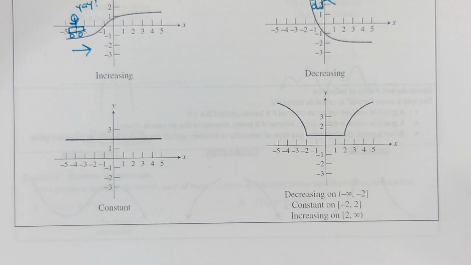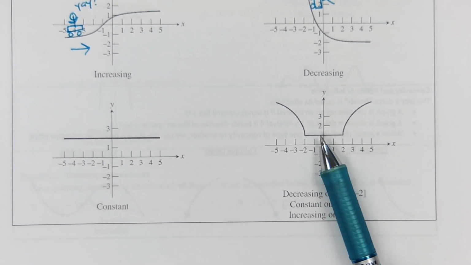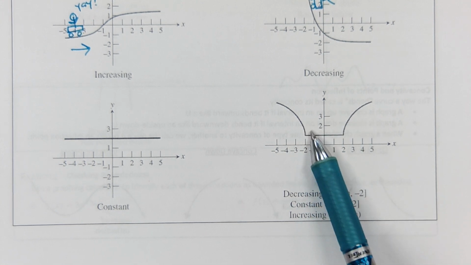In all actuality, increasing means at this point, my graph has a positive slope. Decreasing means at this point, my graph has a negative slope. Constant means at this point, my graph is flat. Okay? And then here, we hope this is never the shape of a roller coaster track, because I don't think very good things would happen right here.